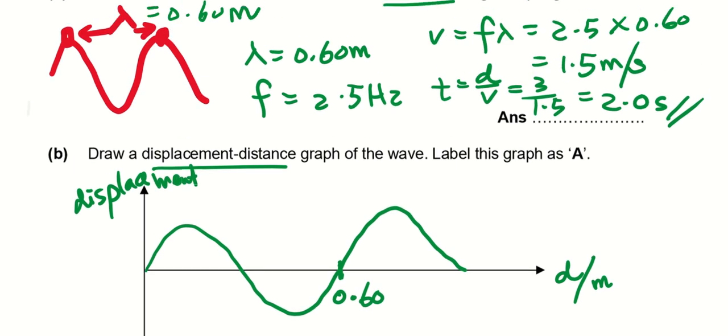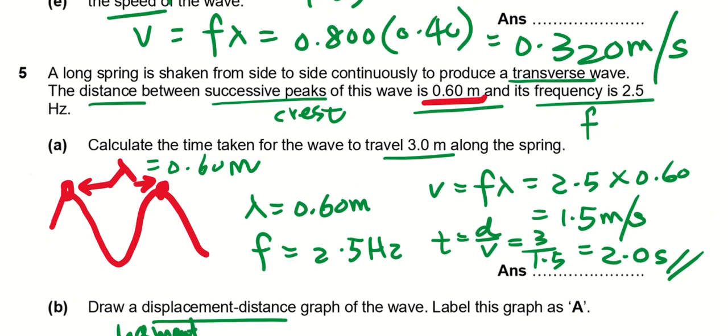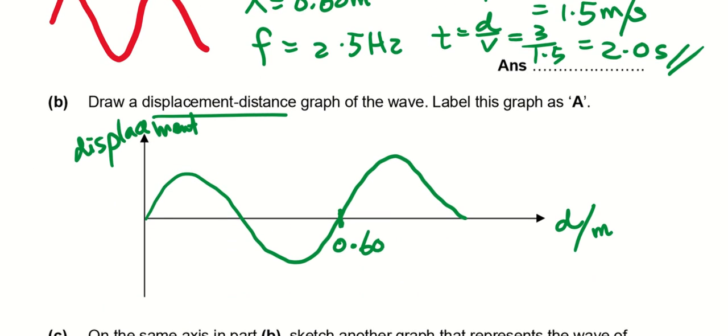Because they didn't tell us what the amplitude is, we'll just leave it as that. Try to make sure that it is the same height throughout. So I can have here as 0.30, here will be 0, here will be 0.90, and I need to label this as wave A.